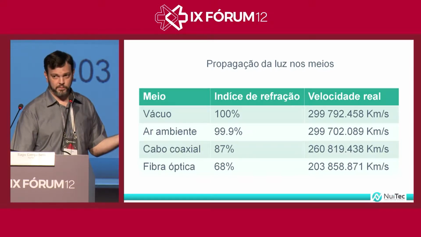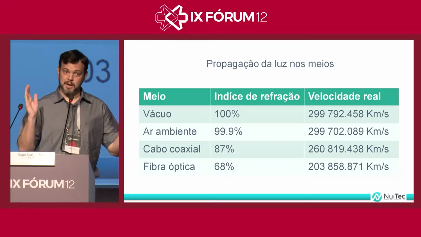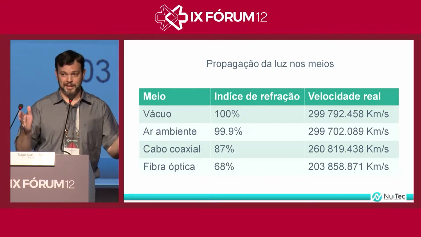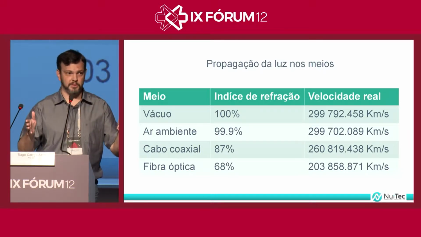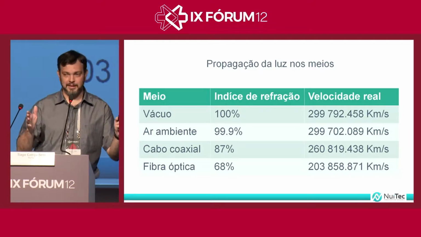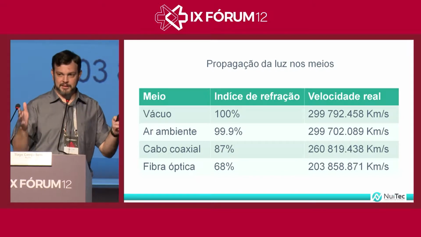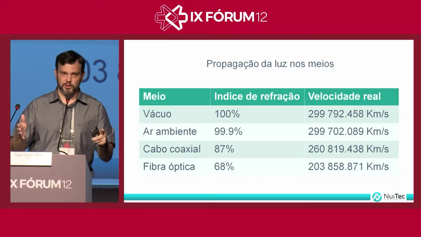It's 30% slower than when it travels through void. So if you place a radio link, the latency will be 30% better than fiber optic. If your concern is latency, then you will have to work more with radio.